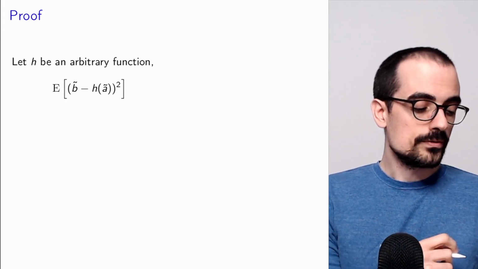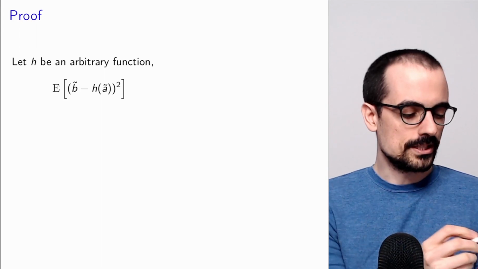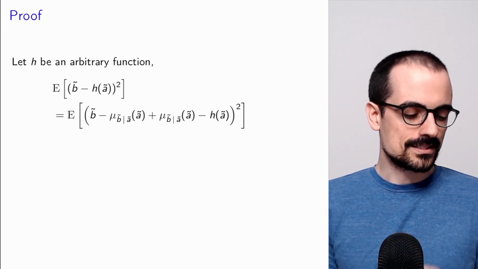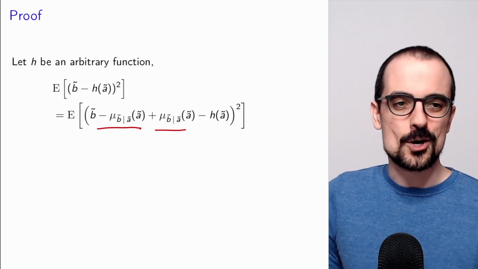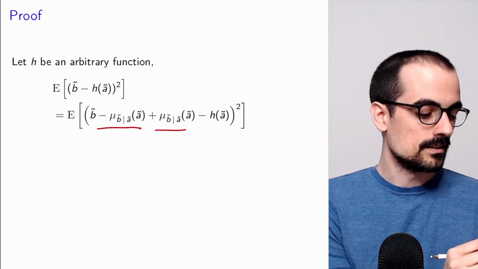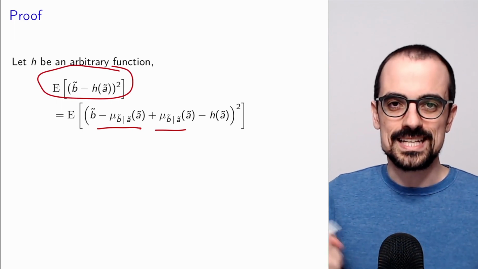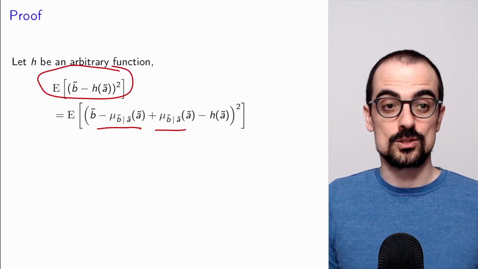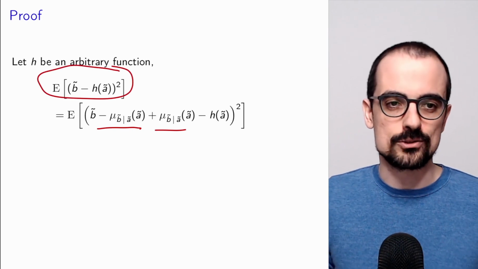The way we're going to prove this is a typical technique when you want to compare two estimators, which is that you sum and subtract the estimator that you want to show is optimal. Okay, so this is the error of some arbitrary estimator, and now we're going to show that the error of the conditional mean is smaller than the error of that arbitrary estimator.